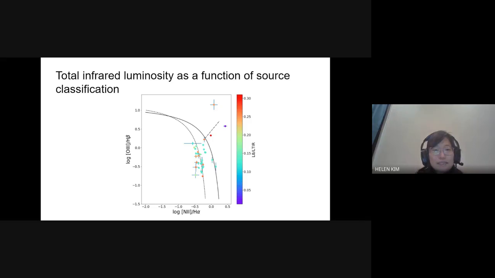So here we limited the sample to objects on the BPT with the 11 micron filter detections from AKARI. And although that correlation is known to exist, we don't find a significant correlation here, mostly due to the small sample size. But we are working on adding more spectra to this plot.